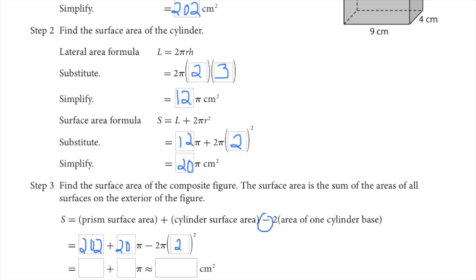Once for the bottom of the cylinder, and then once for what it's covering up on top of the prism. So 202 for the prism surface area plus 20 pi for the cylinder surface area minus 2 times the area of one cylinder base. And we get 239.7 centimeters squared.